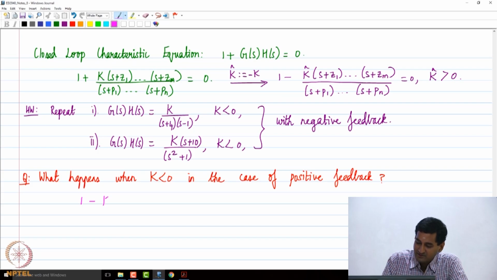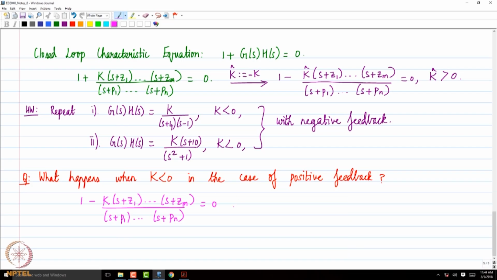It will become 1 minus k (s plus z1) all the way till (s plus zm) divided by (s plus p1) all the way till (s plus pn) equal to 0. So once again we define a k hat which is negative of k, right? So what do you think will happen here?